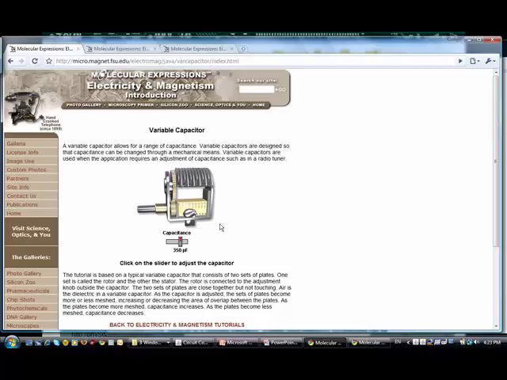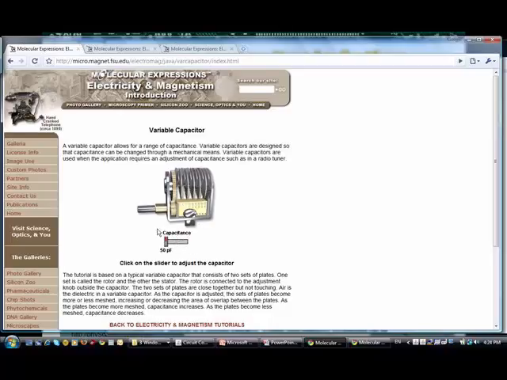Now these two sets of metal plates are separated. One of them is going to be the positively charged plate, and the other is the negatively charged plate. What we do to make the capacitance of this capacitor change is vary the area that these plates overlap.